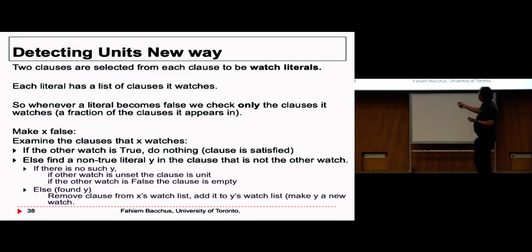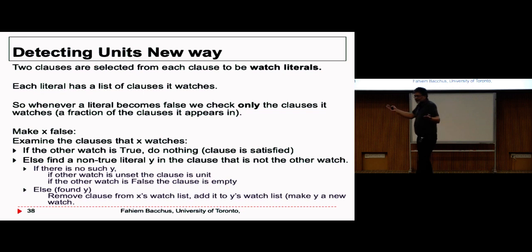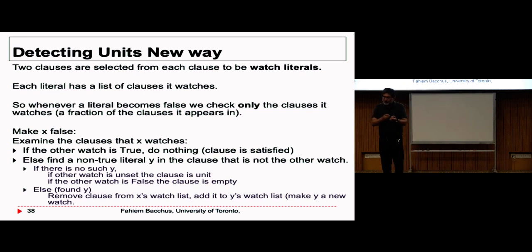And that means once it's false, you just examine that clause to see if you can find a new watch, or if the other watch is true. If you can't find a new watch, then the clause has either become unit or has become empty. Okay? And if you can find another watch, what you do is you move that clause from x's watch list to this new watch. Okay? And you keep on going.